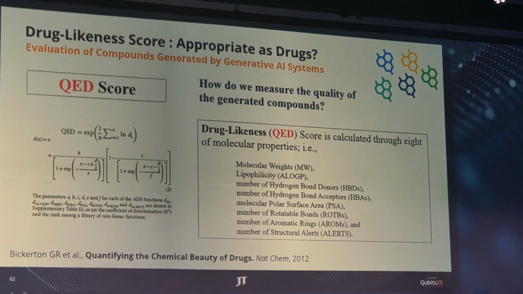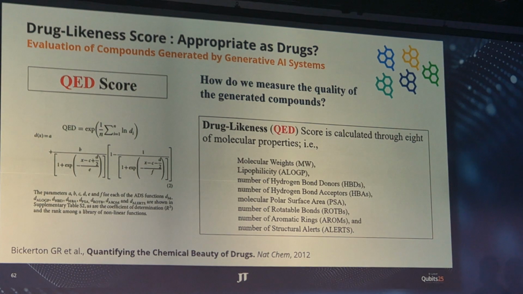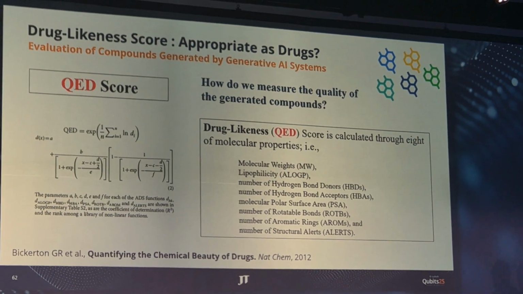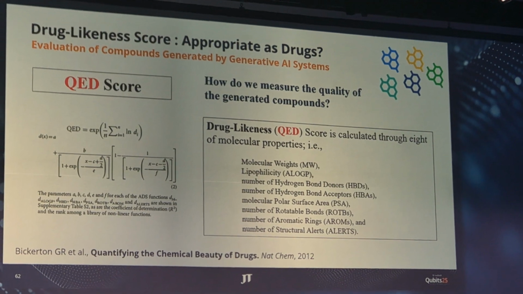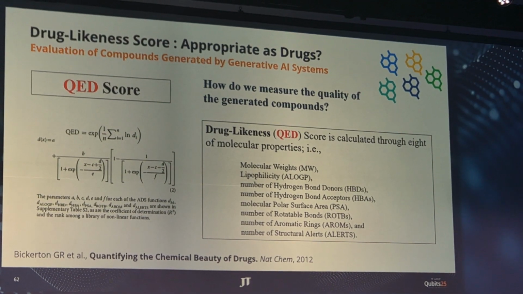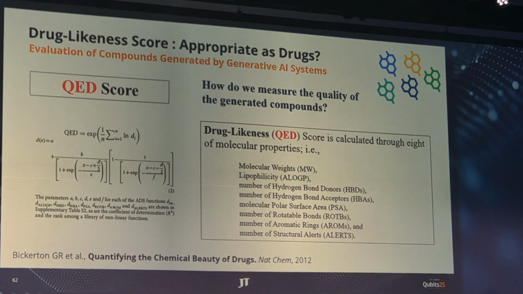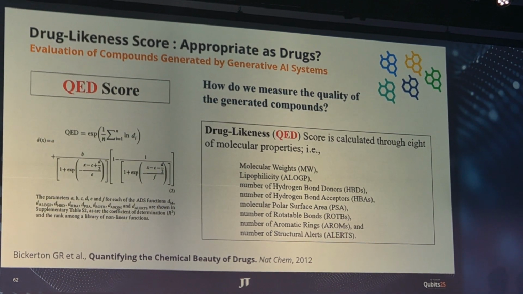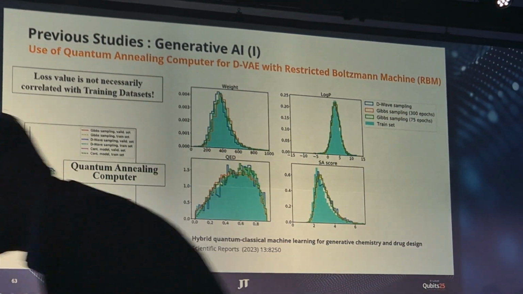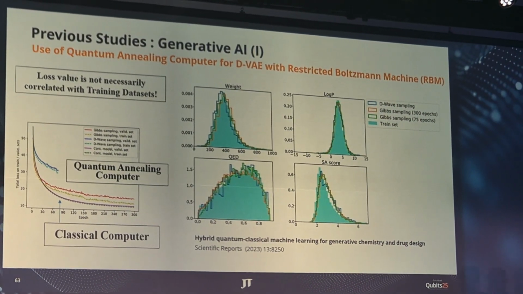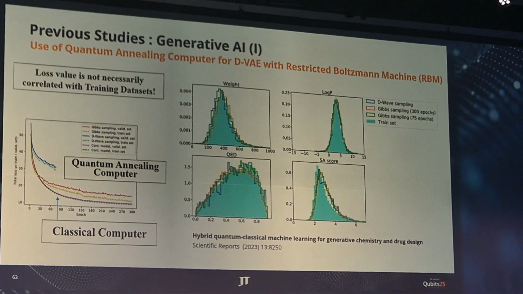In QED score, 8 molecular properties are used. Some are related to the chemical structure of each compound, and others are related to the ADMET, as I mentioned before. Okay. So using QED score, shall we evaluate the training data set and the generated data set?